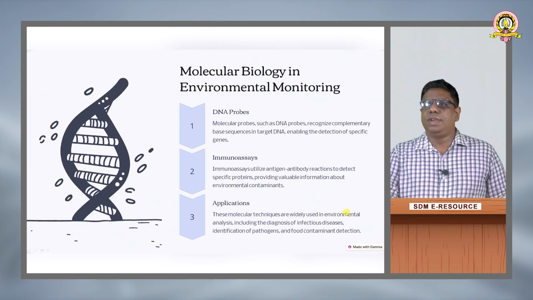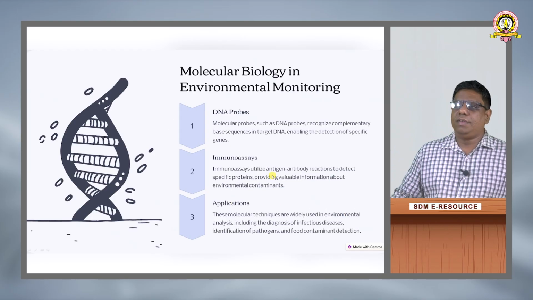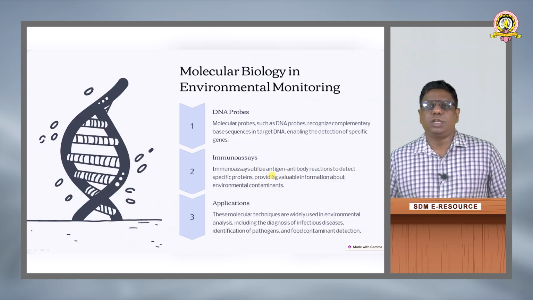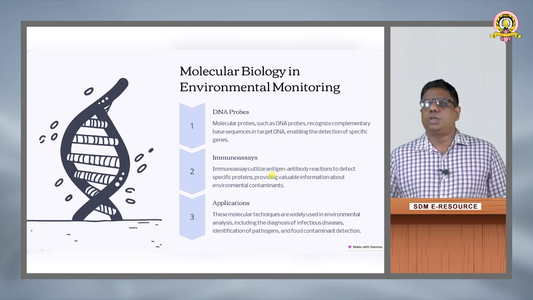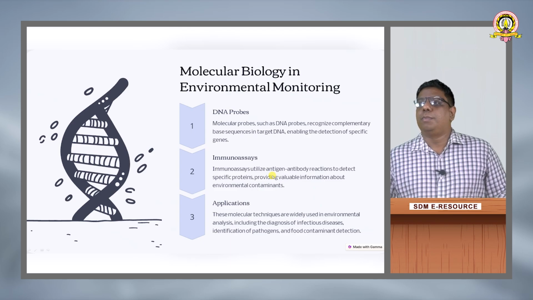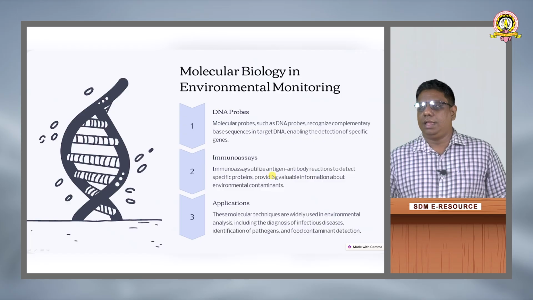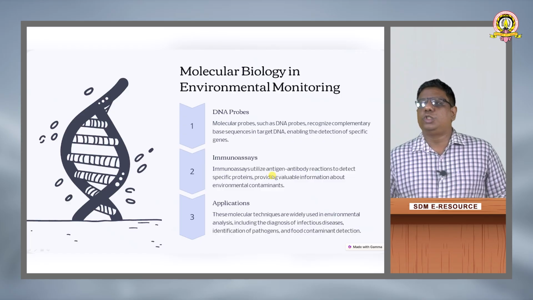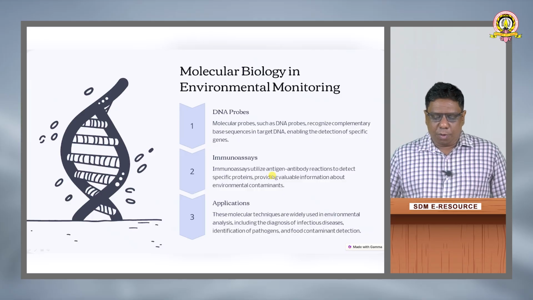There are other ways to detect this. In the previous slides we talked about how the cell as a whole is used to detect environmental pollution. Now let us explore molecular biology in environmental monitoring. Here, the use of DNA probes.